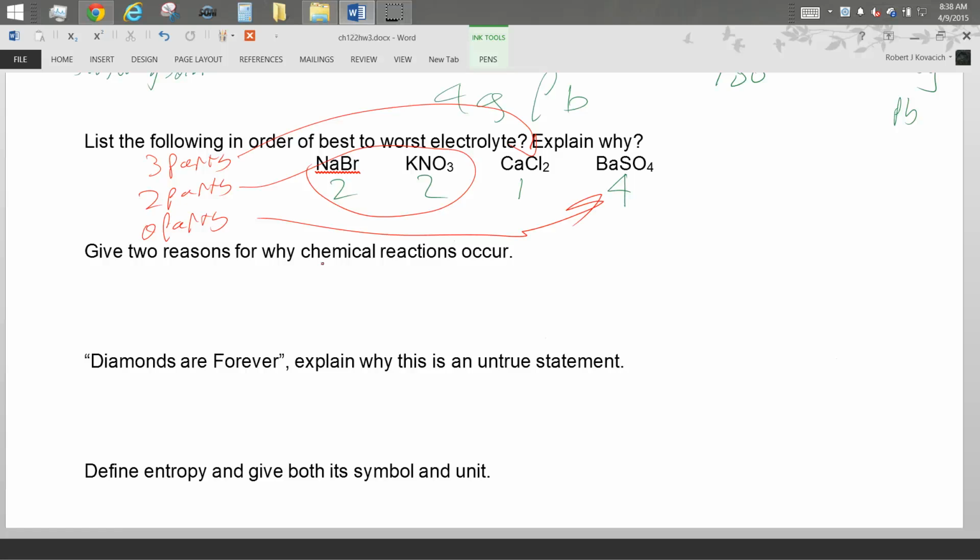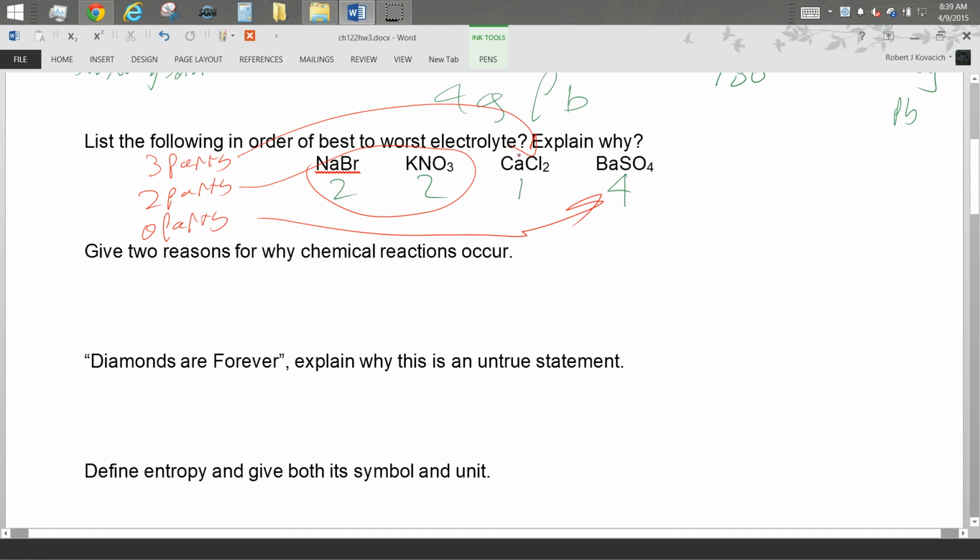But let's say one was +2, would that make that one the second or third best? Can you even be in that situation? Yeah, magnesium sulfate, sure. If the charge was +2, it broke into 2 pieces, then yeah. So if Epsom salt was up here, then the 2 pieces that it broke up into would be both +2 and -2, versus these 2 are both +1 and -1, and then that one would definitely be better because it's got double the charge.